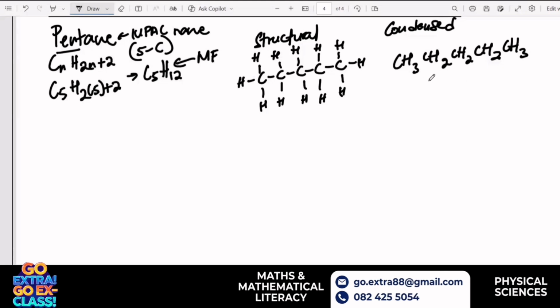Now we can write this in a short notation also.